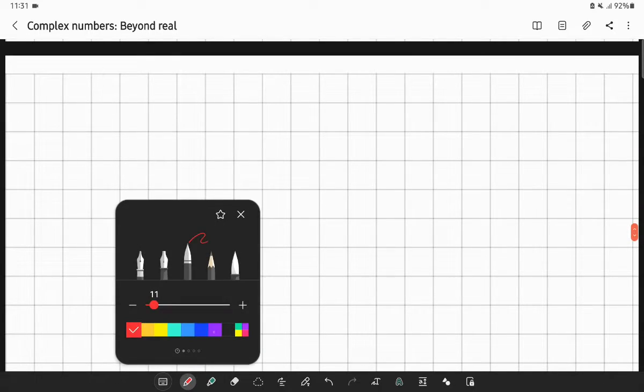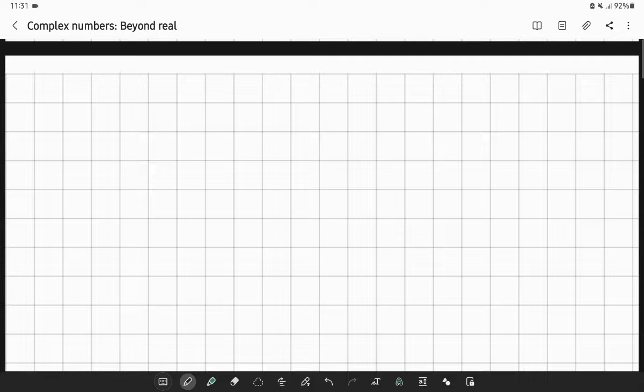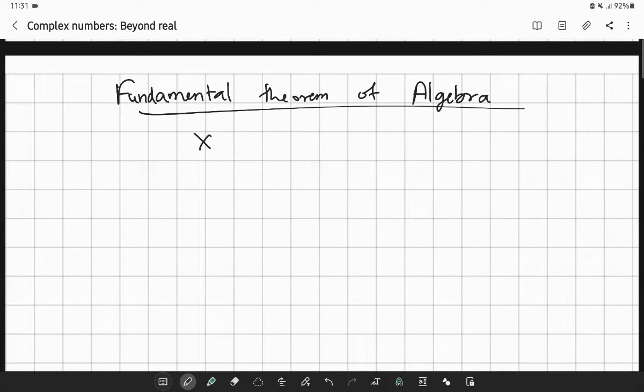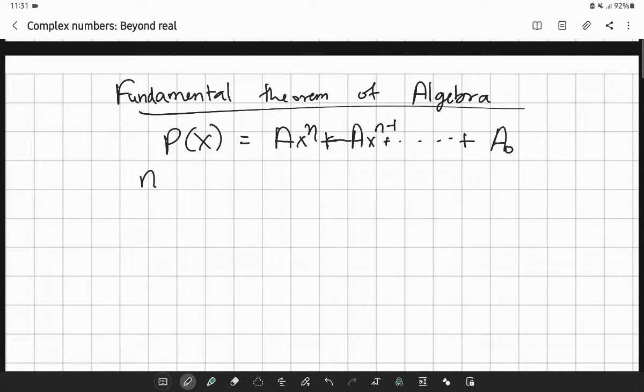Also, there's this really big theorem in mathematics, which is called the fundamental theorem of algebra. It goes like this: any polynomial of the form p(x) equals a_n x raised to n plus a_(n-1) x raised to n minus 1, and so on until a constant a naught, has n solutions of the form a plus bi in general.